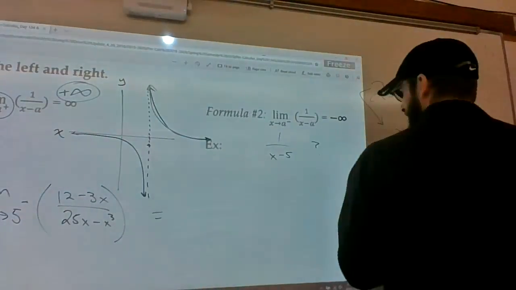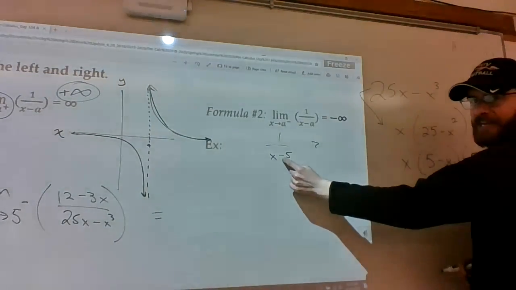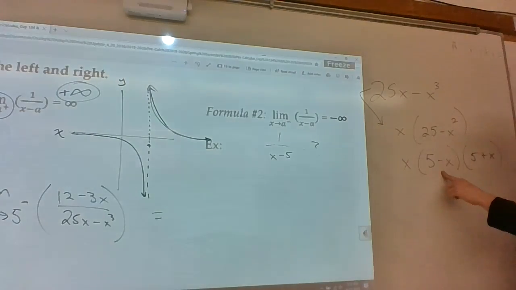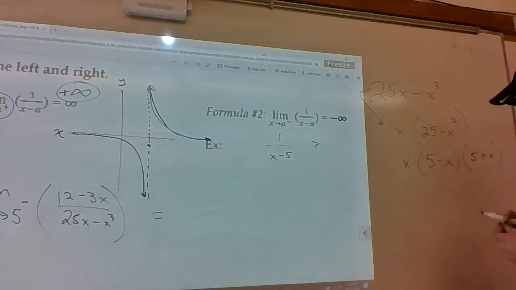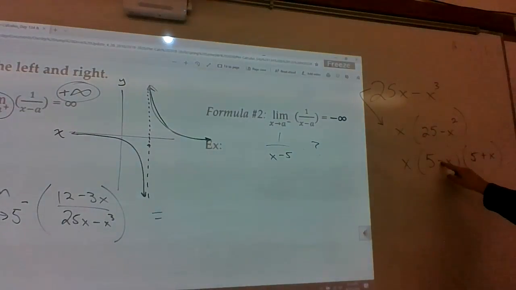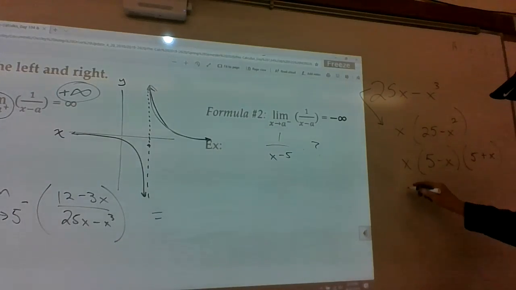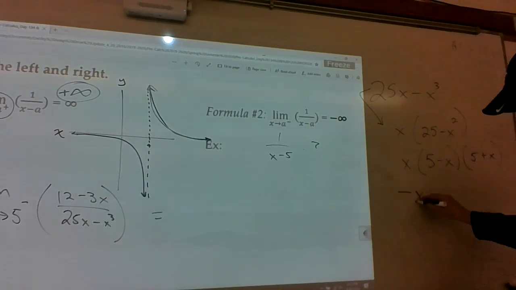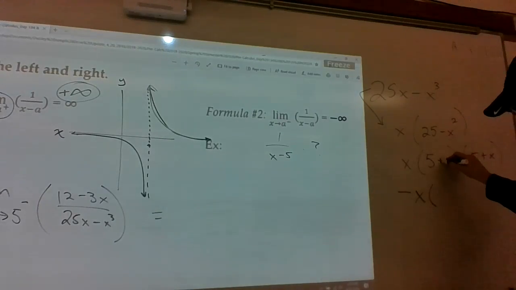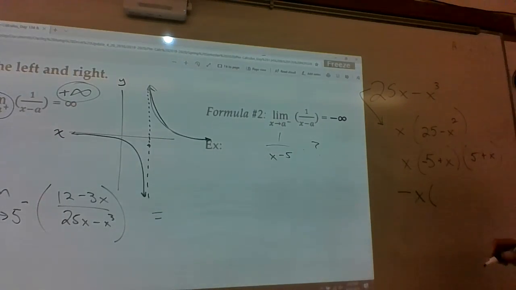25 minus x squared is the same as 5 minus x times 5 plus x. Furthermore, I'm looking for this. I want x minus 5, not 5 minus x. So what I can do is take the negative out of 5 minus x, and it creates a positive x and a negative 5 when I take that negative out.